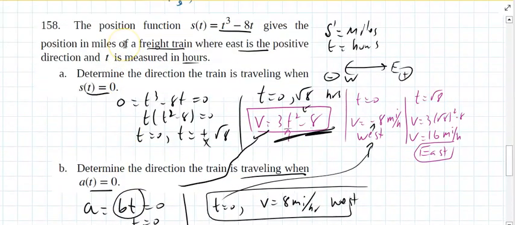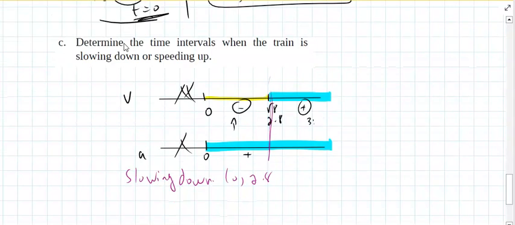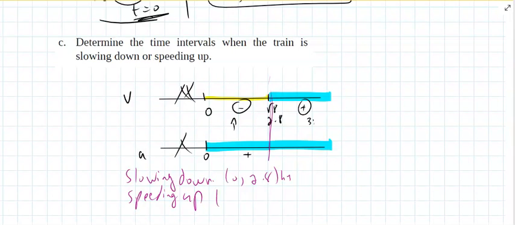Hours. Between 0 and 2.8 hours, we're slowing down. And we are speeding up wherever they match, from radical 8 or 2.8, whatever you like, all the way to infinity.